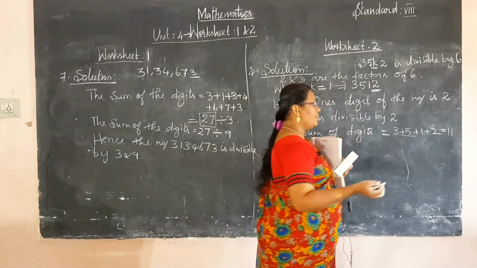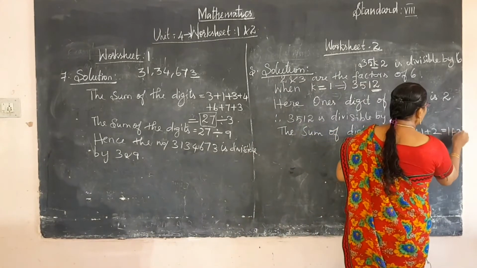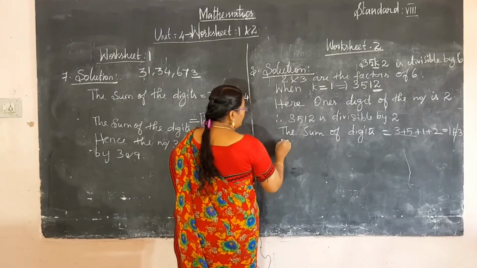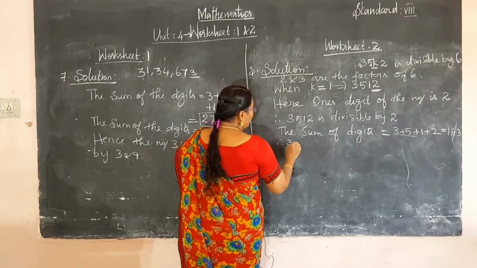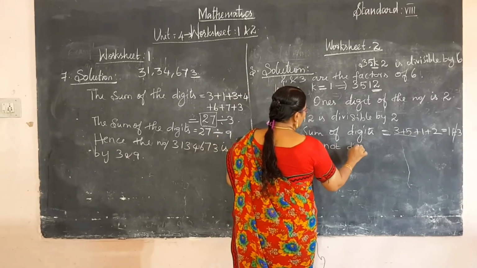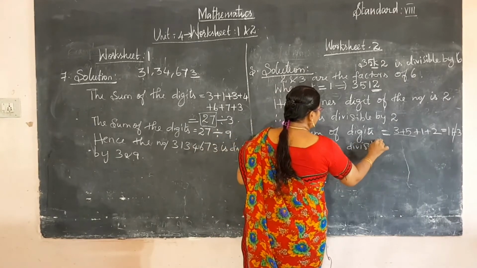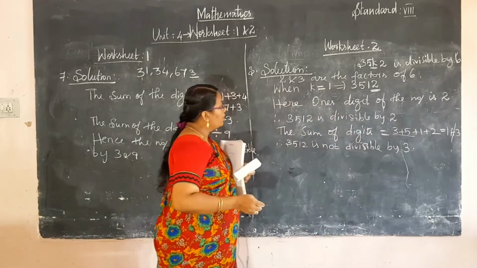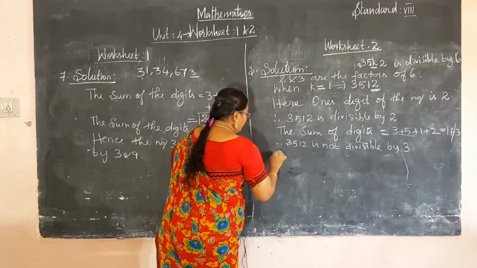So not divisible by 3. Therefore 3512 is not divisible by 3.